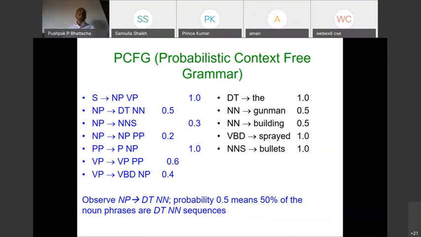This is a claim about language, that anything that has happened in the language will happen in the language. So am I allowed to make this generalization? Can I really say about the English language that 50% of the noun phrases are determiner and noun?